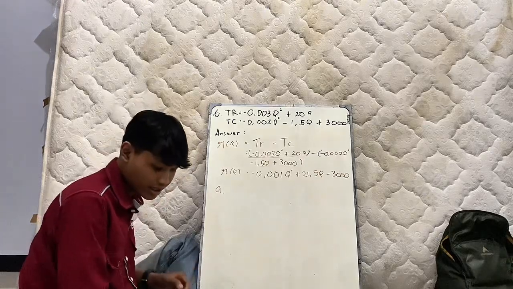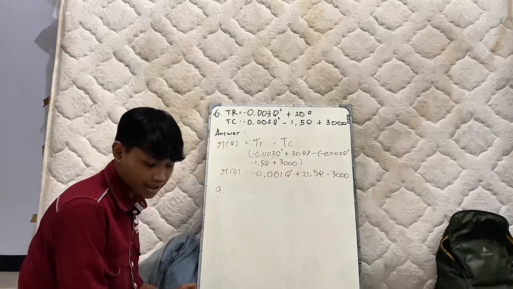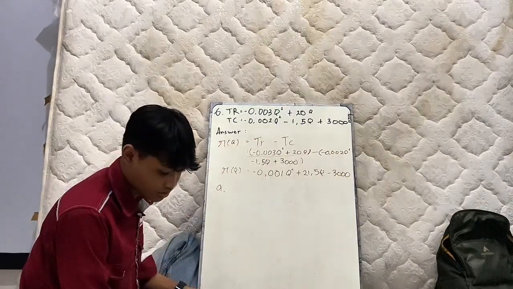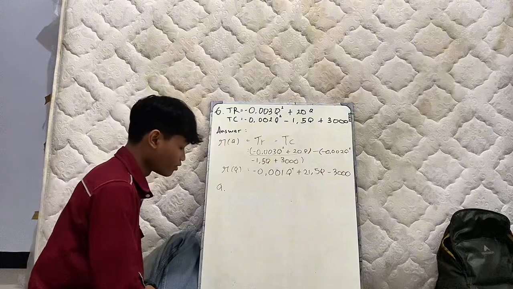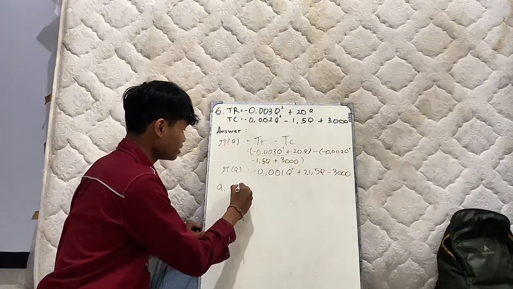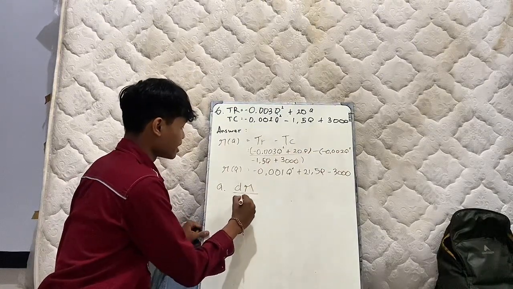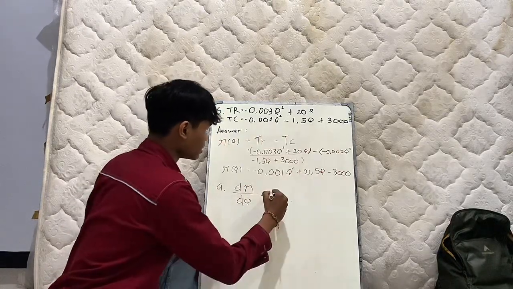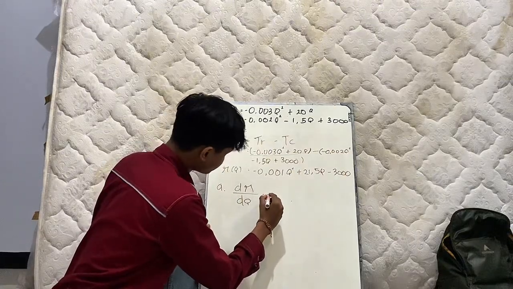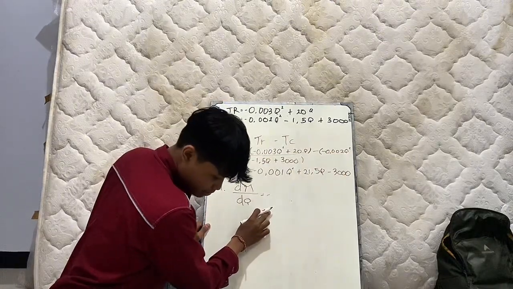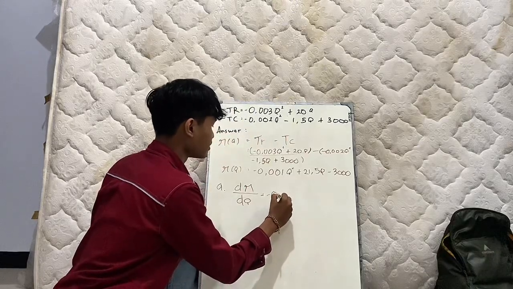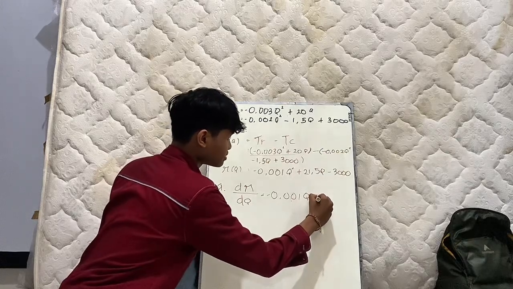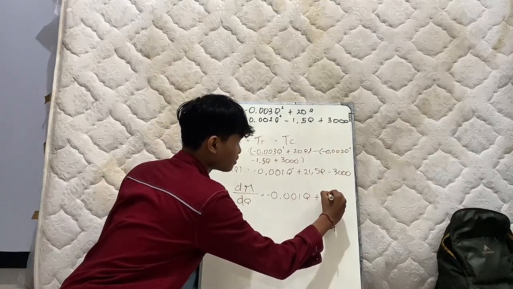So to find the profit maximum Q, take the derivative of the profit function and set it to 0. So the first formula is dP divided by dQ. So the answer is minus 0.001Q plus 21.5.